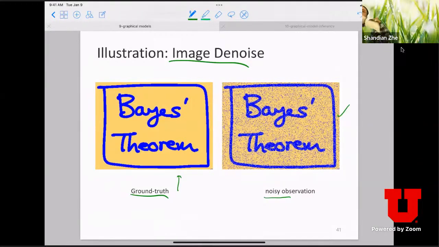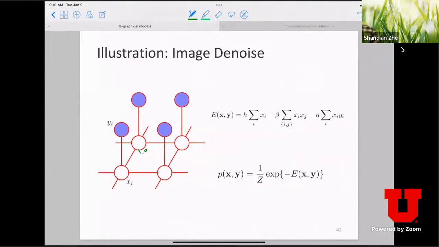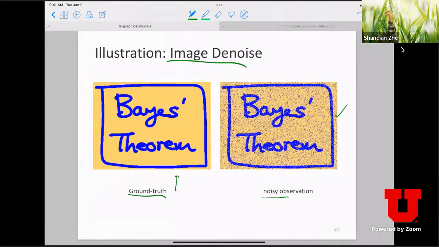In practice, it can be more complicated, like RGB values. For each pixel, we assume there is a latent random variable xi, which indicates the underlying ground truth.